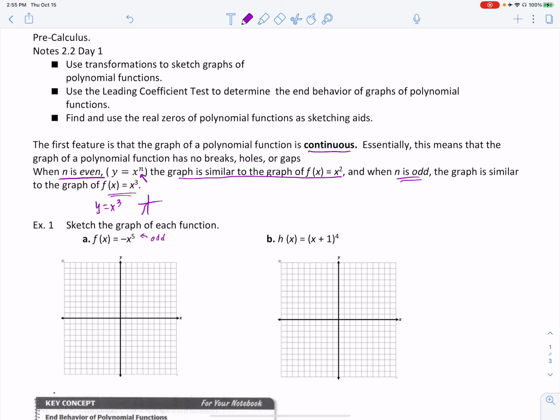Just a quick idea of a sketch, the x cubed graph looks like this, versus the x squared graph, which looks basically something like that.